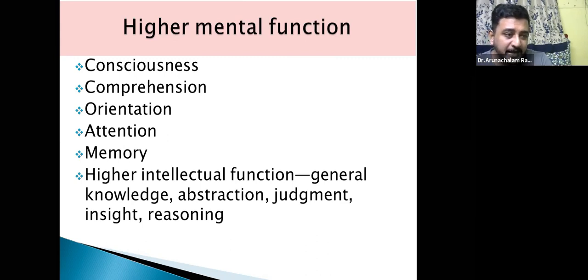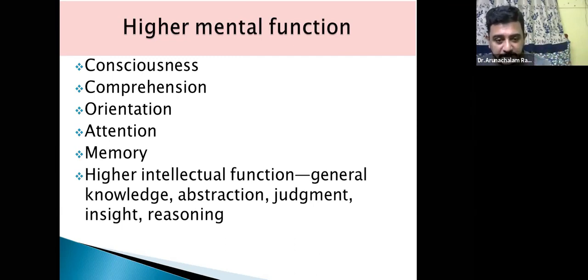So when I say assessment, it is not only to know the patient's condition. Most often people think it is to find out whether it is Parkinson's or Guillain-Barré syndrome or a peripheral nerve disease, but it is actually to know the wide variety of problems the patient is having, based upon which we can frame our treatment.